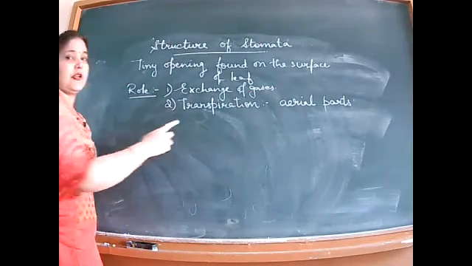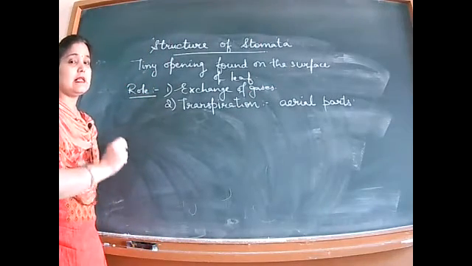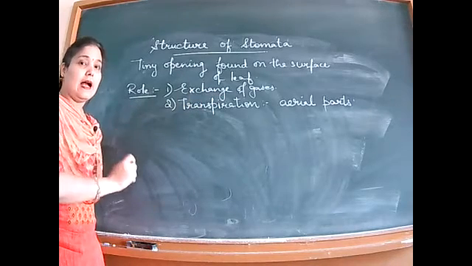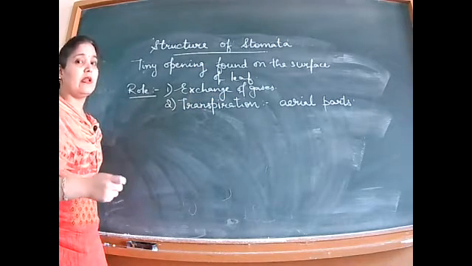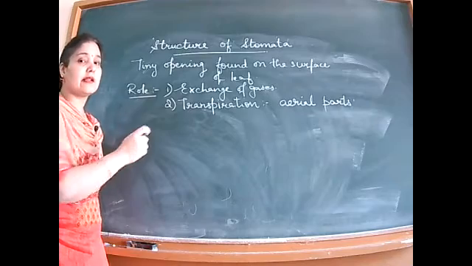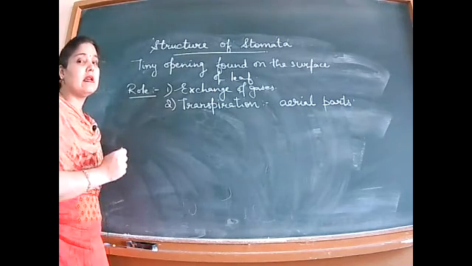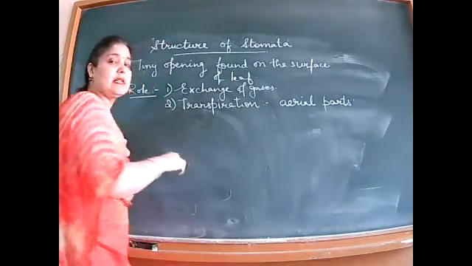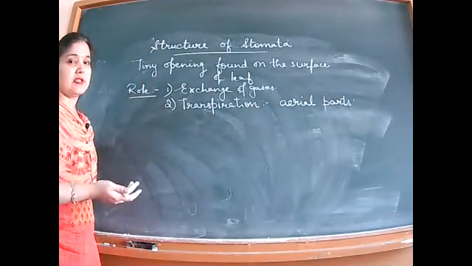That is the speciality of this process, that it is the loss of water from the aerial parts and in the form of water vapors only, right? When it is losing the water in the form of water vapors, the process involved is transpiration. What do you understand by the aerial parts? Aerial means the parts which are above the ground surface.